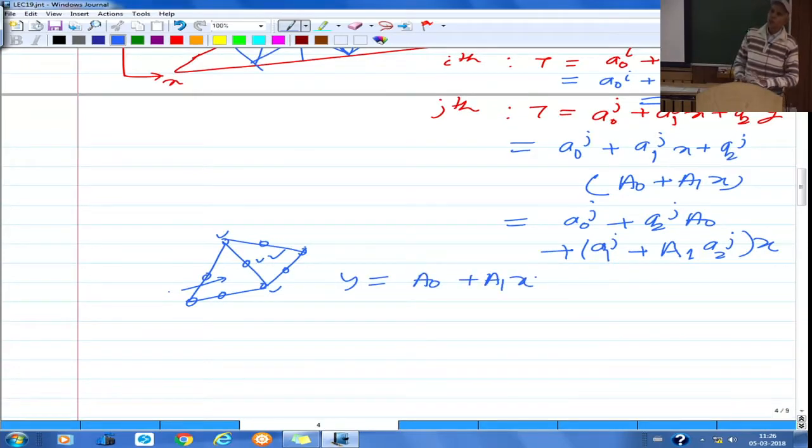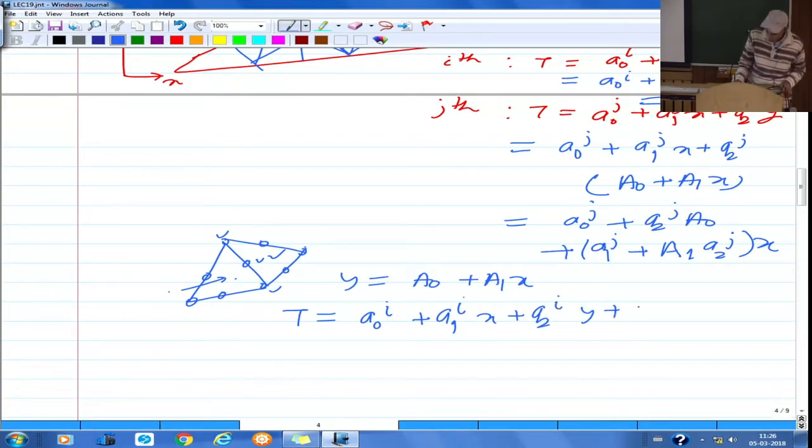Now when you substitute this in your approximation for the solution within each element, that is expressions like T equal to a0 plus a1 ix plus a2 iy plus a3 i x square plus a4 i y square, you can write it in any manner, plus a5 i xy.